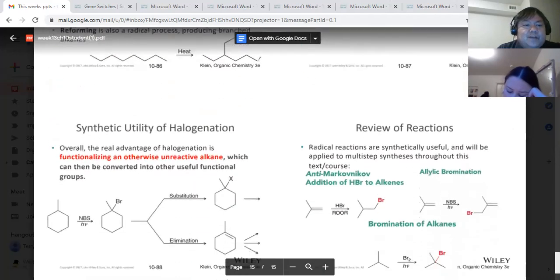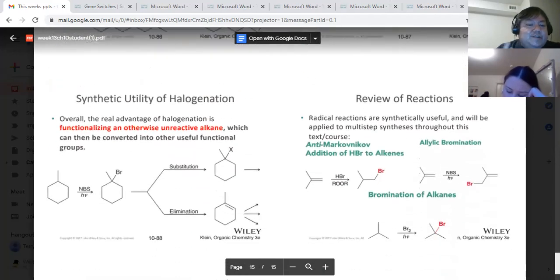And then finally, the synthetic utility of halogenation. This is something I mentioned our first week here. Last week when we talked about this, if I ever have an alkane, what's the only type of reaction that you can do to put something on an alkane? Radical halogenation. So if you ever have a compound that only has carbon, hydrogen, single bonds, the only starting step you can take is NBS or something like that and light.